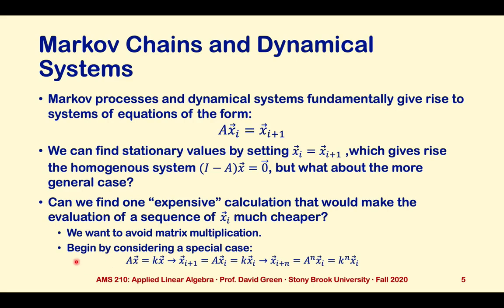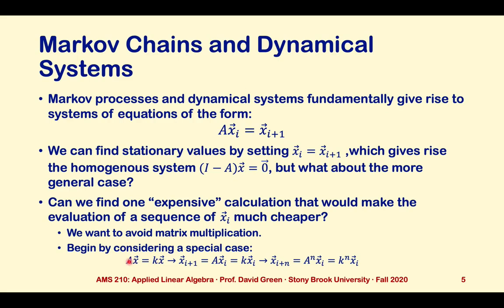We are going to begin our discussion by thinking about a very, very special case, and this is going to motivate our discussion to a general solution to this problem. Think about the case where Ax equals kx.